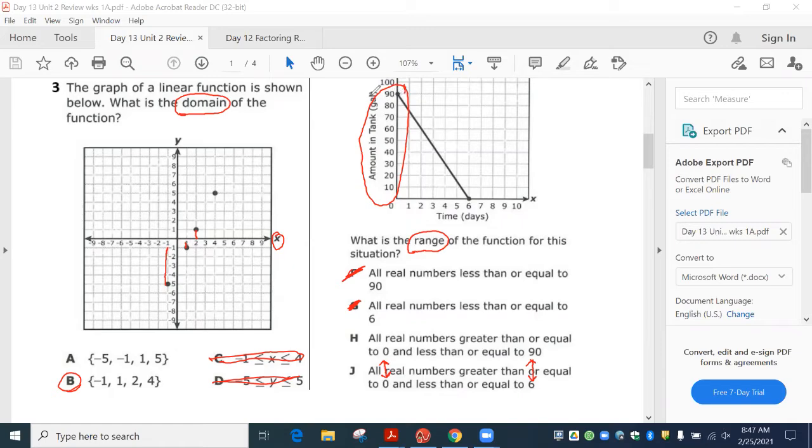And so that has to be it. If I drew a line, you don't have to draw a line, but if I drew a line, that would be the top. So it's got to be 90. So the answer would be H. Now, if you want to know how they got 0, remember they drew a line right here and 0 is right there. So it went from 0 to 90. 0 to 90 on the y-axis.